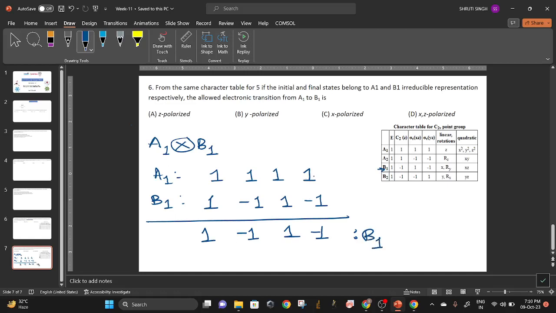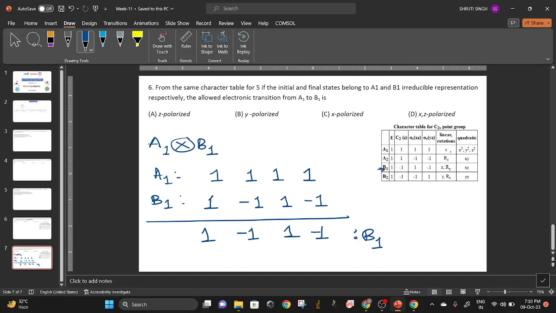Also, one more thing: if you multiply any representation with itself, you will get A1. For example, B2 into B2 gives A1, A2 into A2 gives A1, like that. Now we have got this B1. Now B1 is associated with which polarization?